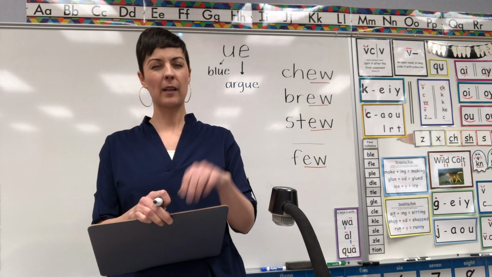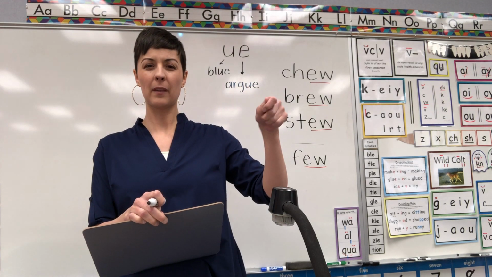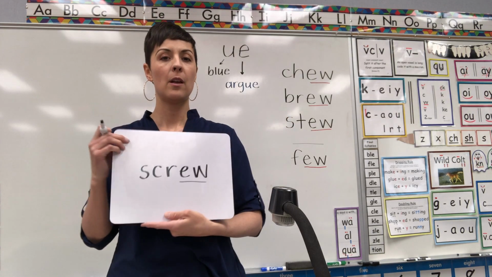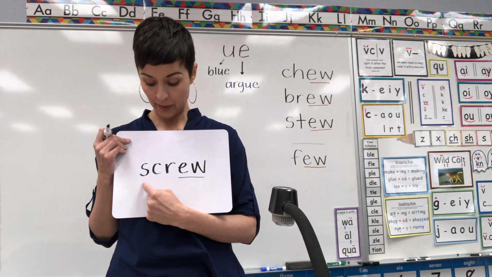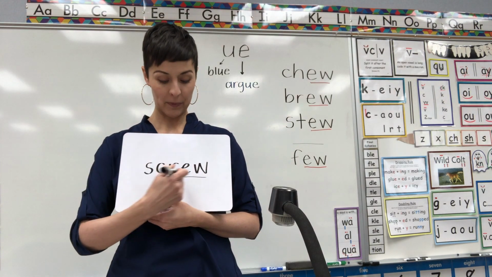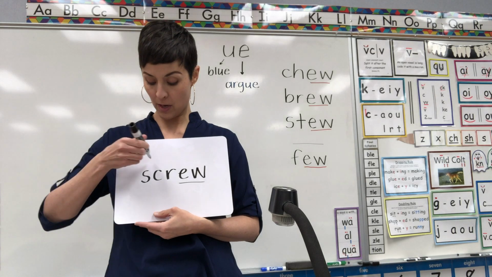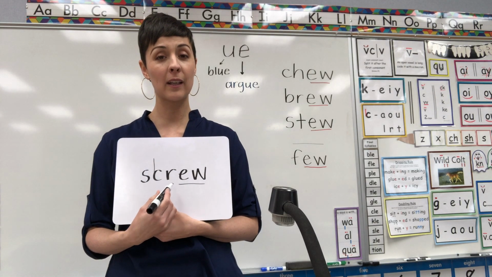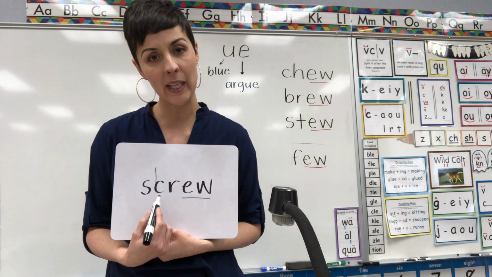A screw is kind of like a nail that goes into a wall, but it's a little bit stronger. Screw should be spelled S-C-R-E-W. Digraph E-W at the end of screw, and you should have had a C in front of R to say k. And I put my K back on at the end.